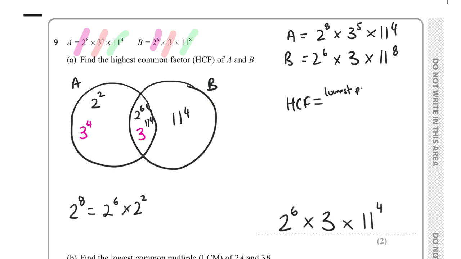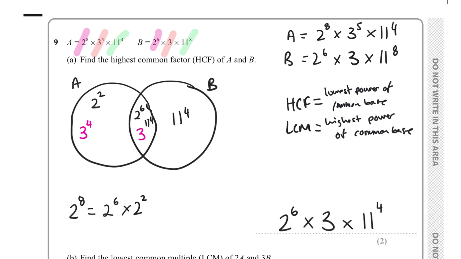And then for the lowest common multiple, we look at the highest power of a common base. A common base means, for example, we can't compare the 2 to the 3, because this is base 2, this is base 3. It needs to have a common base, so we can only compare base 2 to base 2.